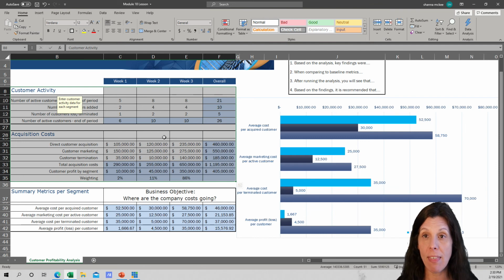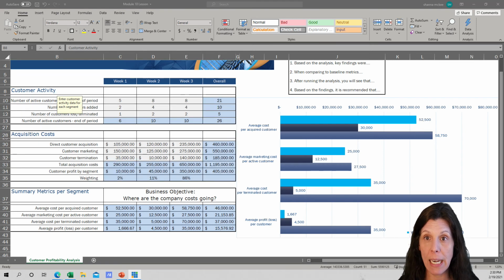By giving them the recommendations based off of the analysis, what we are doing is we are creating follow-up questions, which lead to additional reports or further analysis. Again, we want to be able to interpret the key findings effectively to our audience, and we were just able to do that with our dashboard.